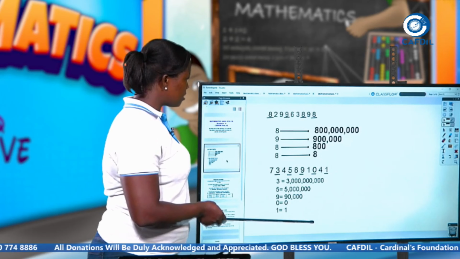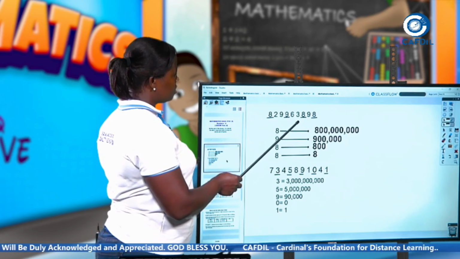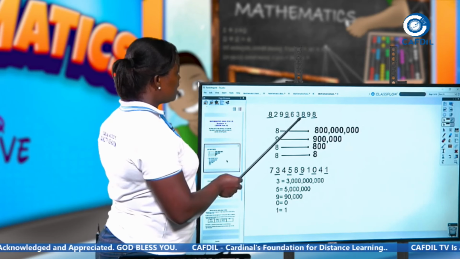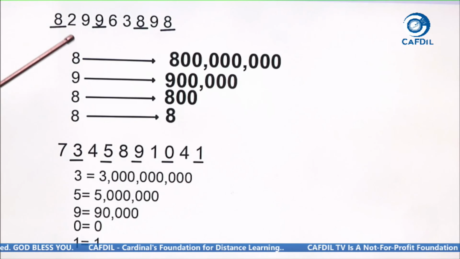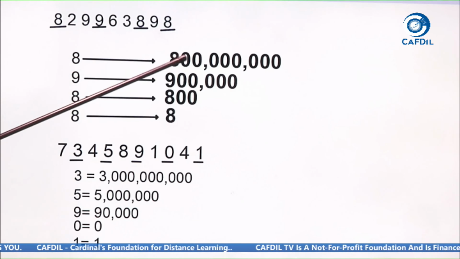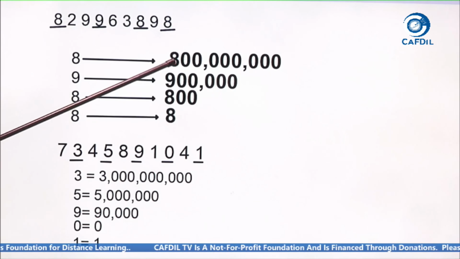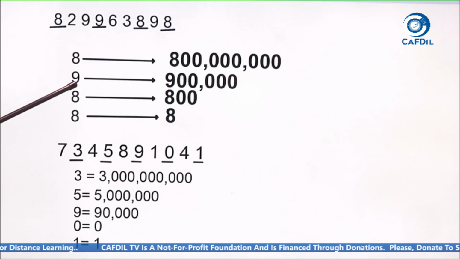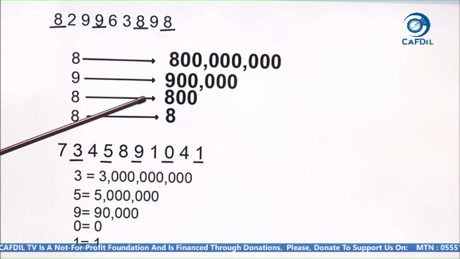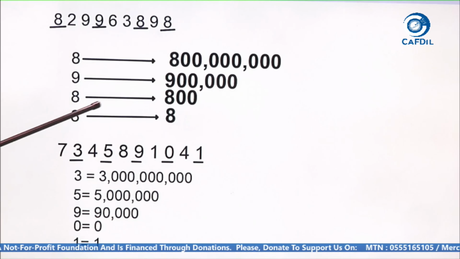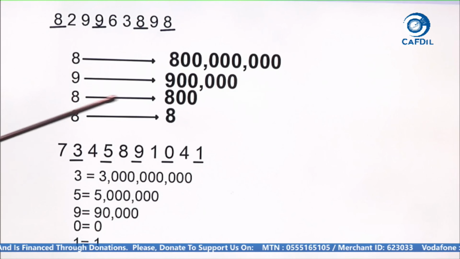Just as I said, the value of each of the numbers differs. So when you pick this first 8, the value is 800 million. And then the 9, the value is 900,000. The second 8 is 800.